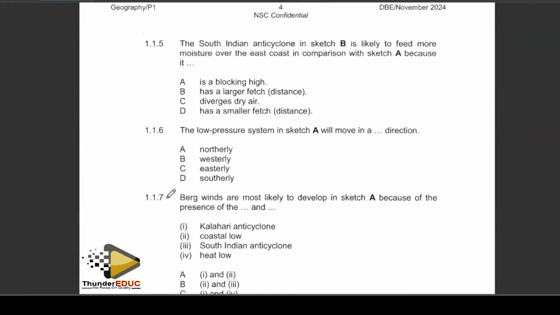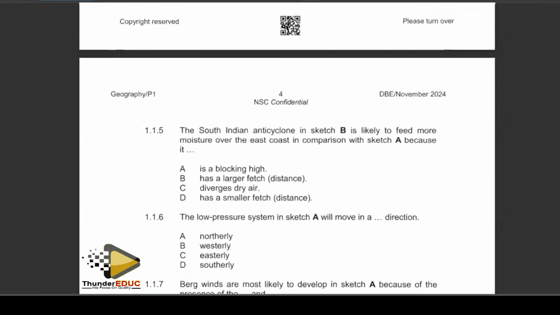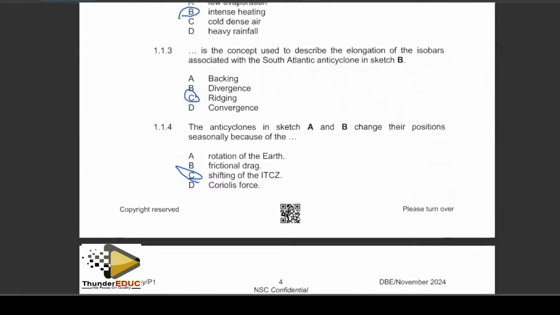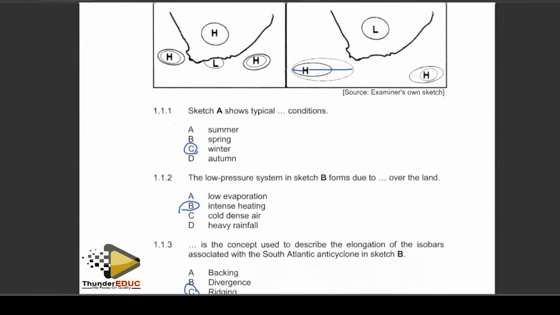Right, number 115, it's talking about the South Indian anticyclone. The South Indian anticyclone in sketch B is likely to feed more moisture over the east coast in comparison with sketch A because it, right, if you look at how the South Indian high pressure is located in sketch A and in sketch B, there's a difference there in terms of the location of the South Indian.